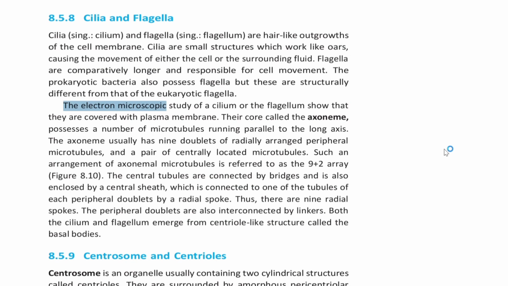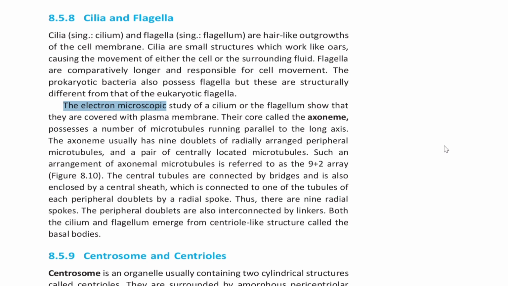The electron microscopic study of a cilium or flagellum shows that they are covered with the plasma membrane. Their core, called the axoneme, possesses a number of microtubules running parallel to the long axis. The axoneme usually has 9 doublets of radially arranged peripheral microtubules and a pair of centrally located microtubules. Such an arrangement of axonemal microtubules is referred to as 9+2 array.